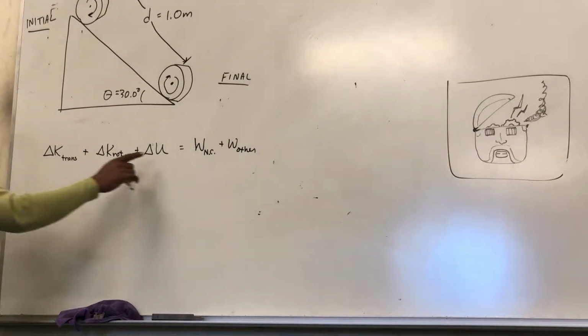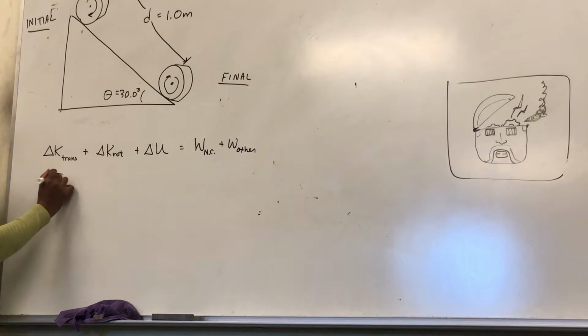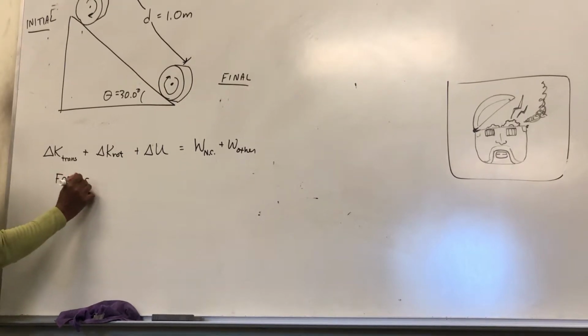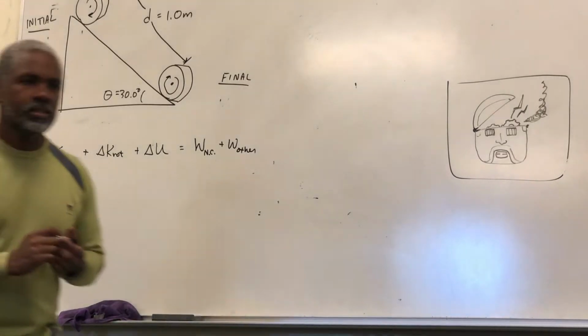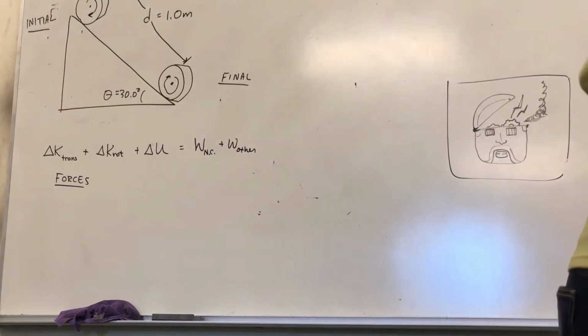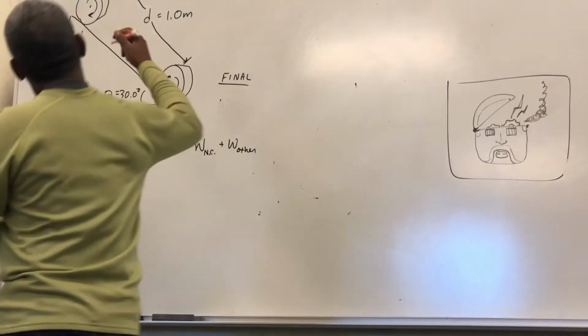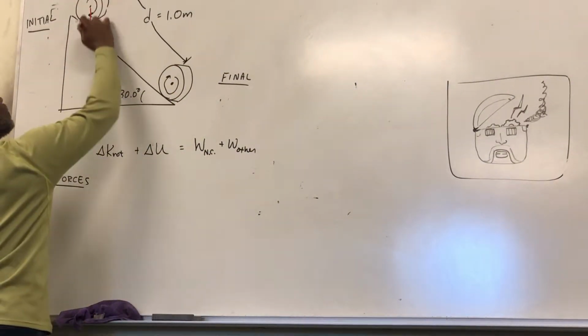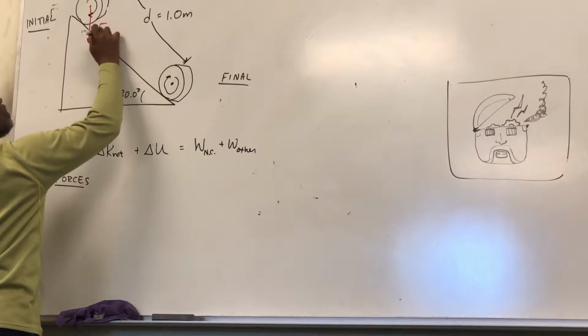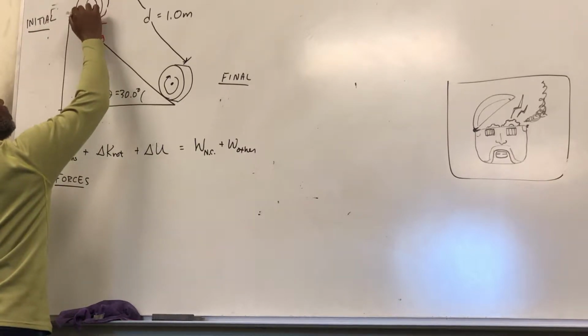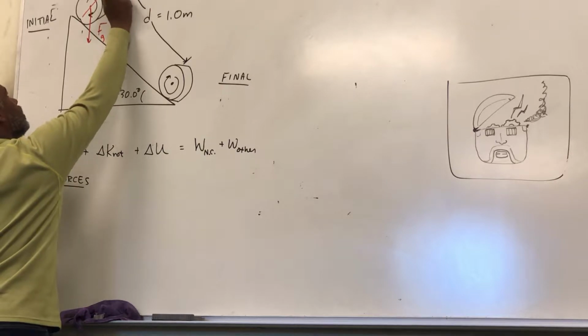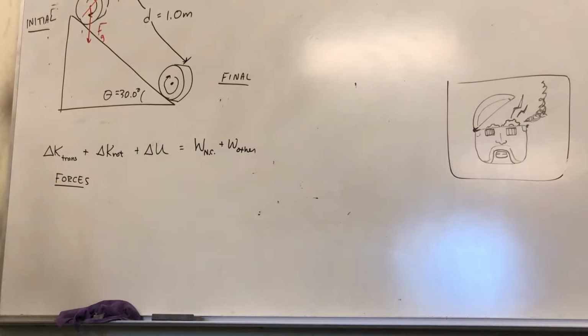So in order to figure out the potential energy, I'll figure out what my forces are. We have the gravitational force acting on this, and you know that's going to be a potential energy contribution. We have a normal force acting on this. And then we have static friction acting on this.